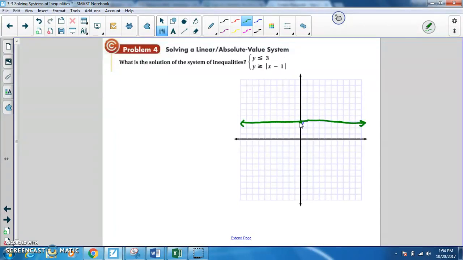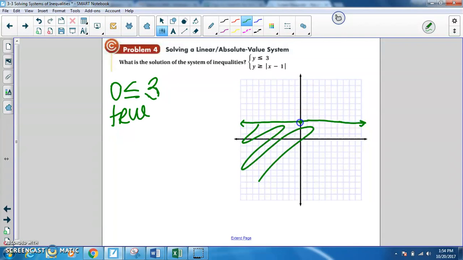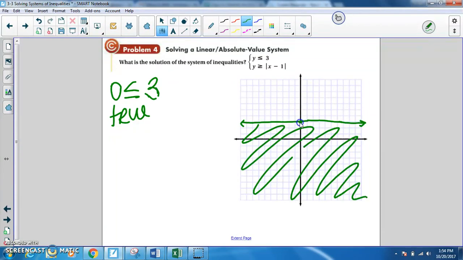I need to pick a test point, so 0 is less than or equal to 3. Since this is true, I shade down here.